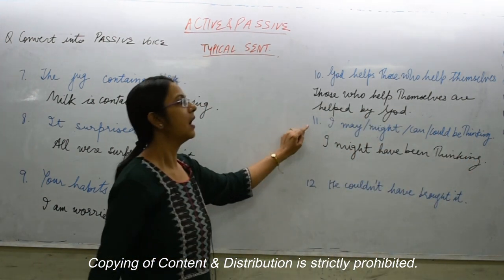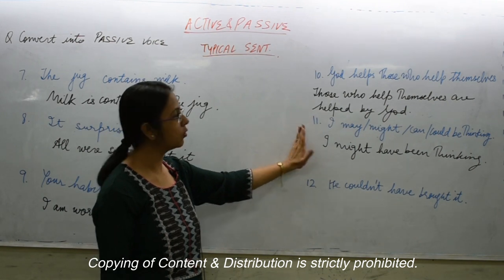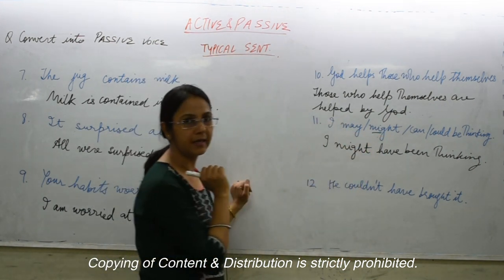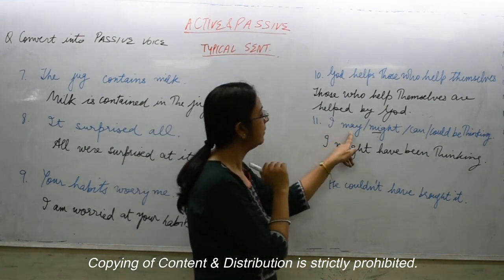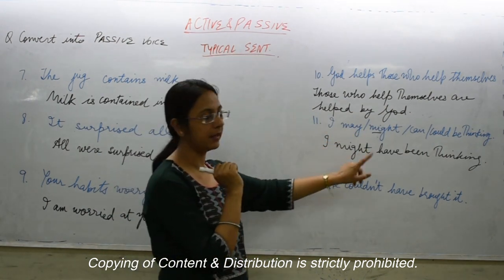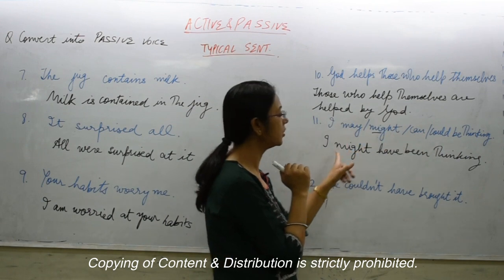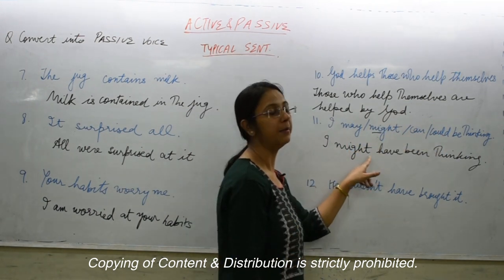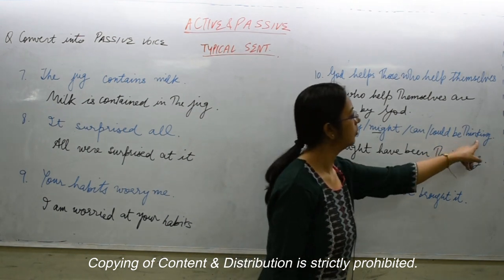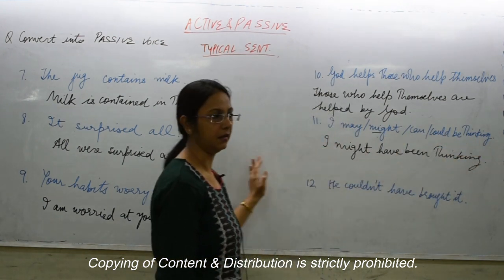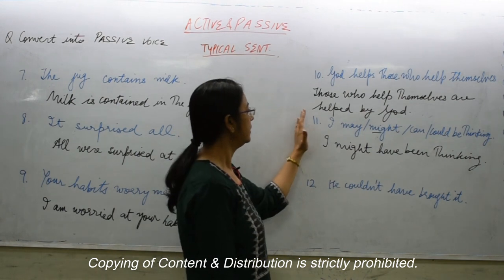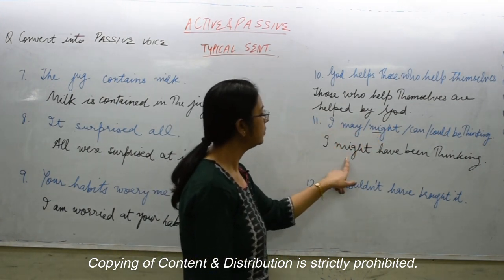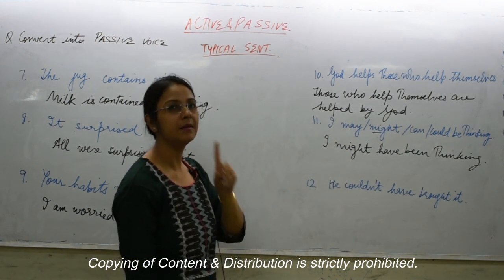Even if it has might, it will remain might. May will change into might, might will remain as it is, can will also change into might, and could will also change into might. I might have been thinking. So, just take care of this only, because these are the 4 options and you just have to put in one might.